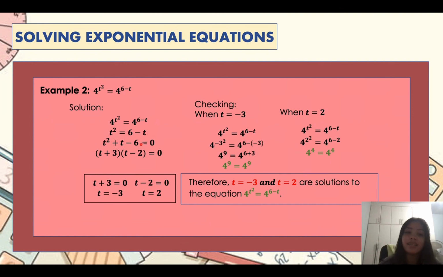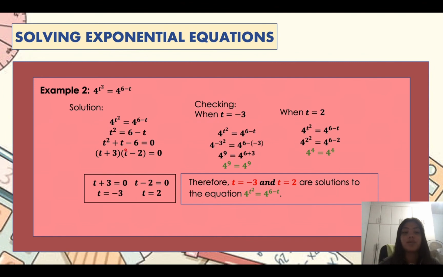To simplify it, we then transpose this part onto the left side. So we will have t to the power of 2 plus t minus 6 equals 0. After doing so, you can see that it is factorable.